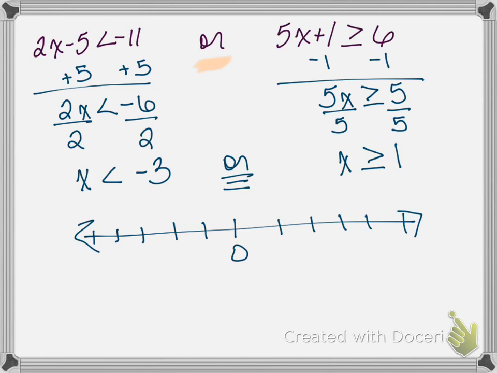X is less than negative 3. So I have a parenthesis at negative 3, and I am doing less than, so I go towards negative infinity. For my second one, I have x is greater than or equal to 1. So what do I have there? A bracket.